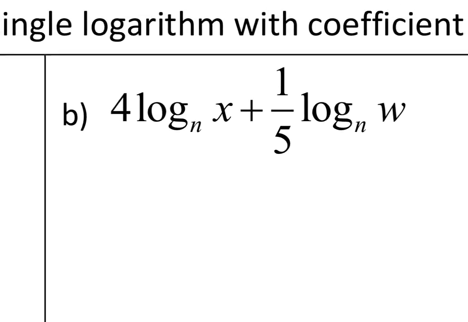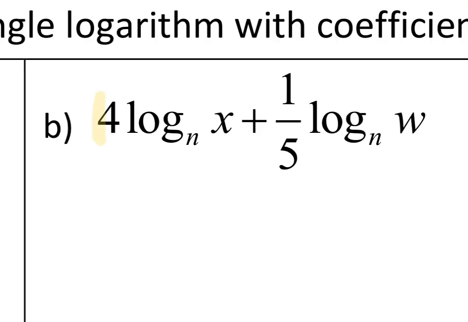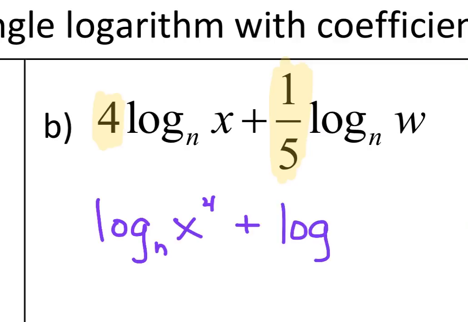In letter B, I have log plus log, and the first thing that I'm going to do again is notice that I've got a coefficient on each term, and I'm going to rewrite those coefficients as exponents on the logarithm arguments. So I'll start with log base n of x to the 4th power plus log base n of w to the 1/5 power.